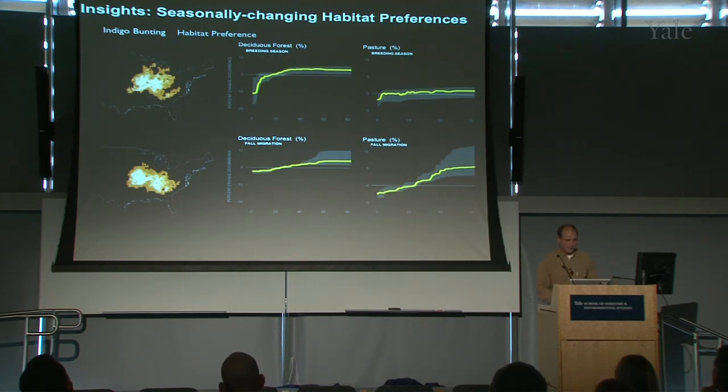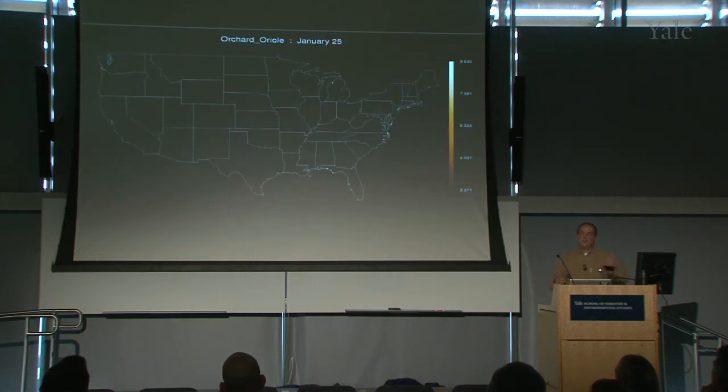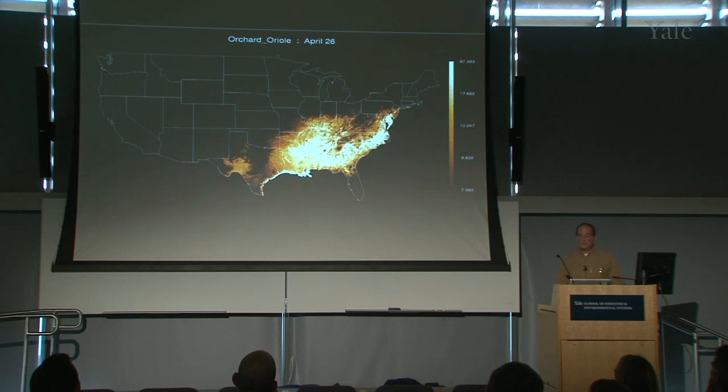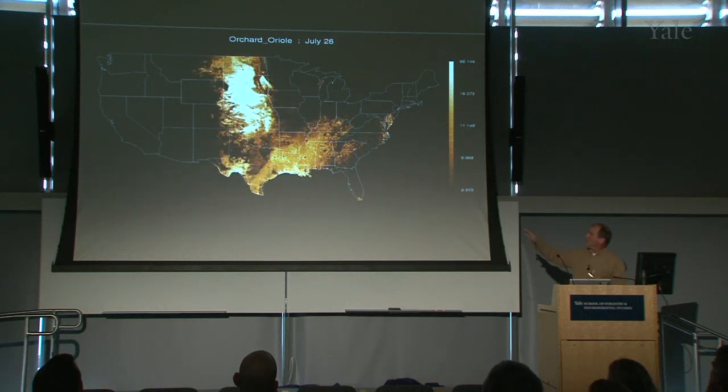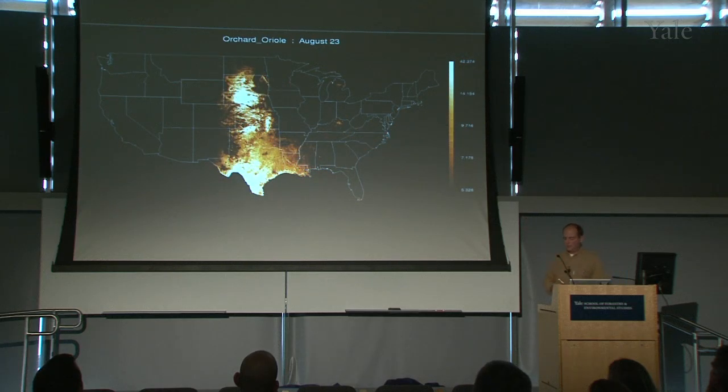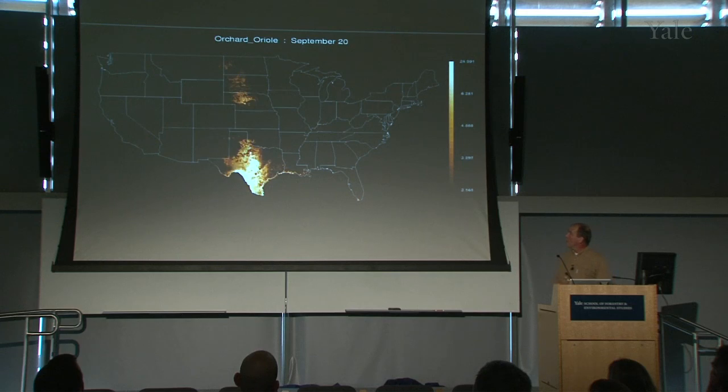We're also able to see how different subpopulations of the same species change over time. So, for example, this is another animation of orchard oriole, and where we think there are at least 2 different subpopulations of this bird in the United States.